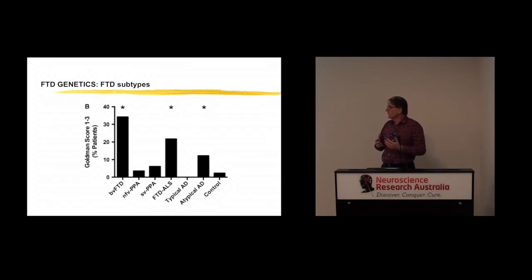So if we see somebody with behavioural variant FTD, we're particularly keen on unearthing any family history that's relevant. Whereas the language presenting cases, who are the next two bars, they have a much lower rate of family history. And if patients present with the combination of FTD and motor neuron disease, labelled ALS here, then again they have a strong family history. So the rate of high family history isn't evenly distributed across the clinical subtypes.